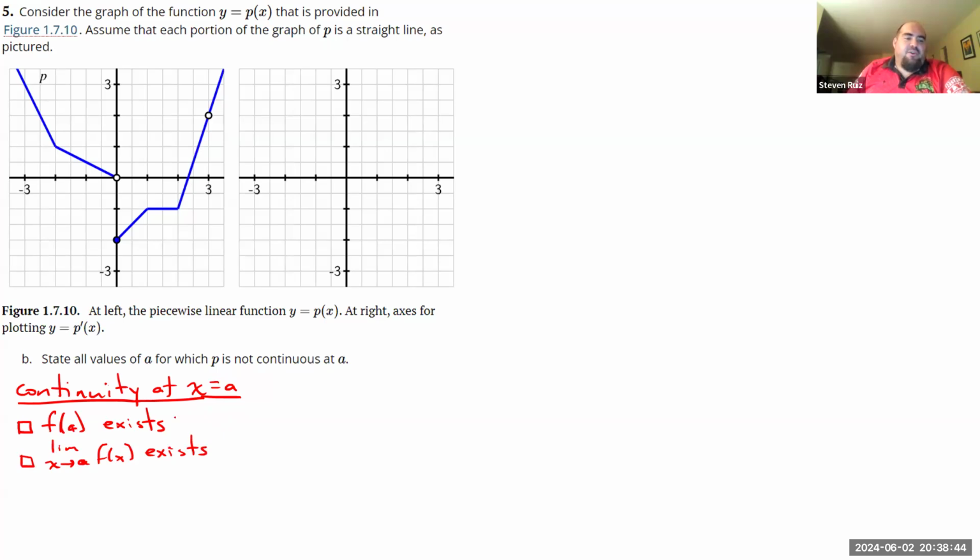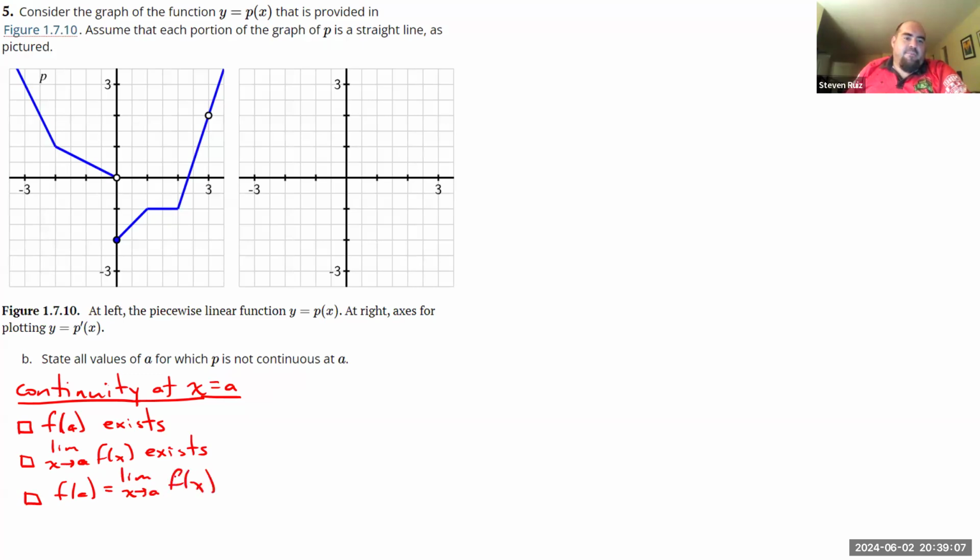So to have continuity, we have to have the function being defined at a point, and we have to have the limit of the function at that point also exist. So what's our third condition? Those two things need to agree with each other.